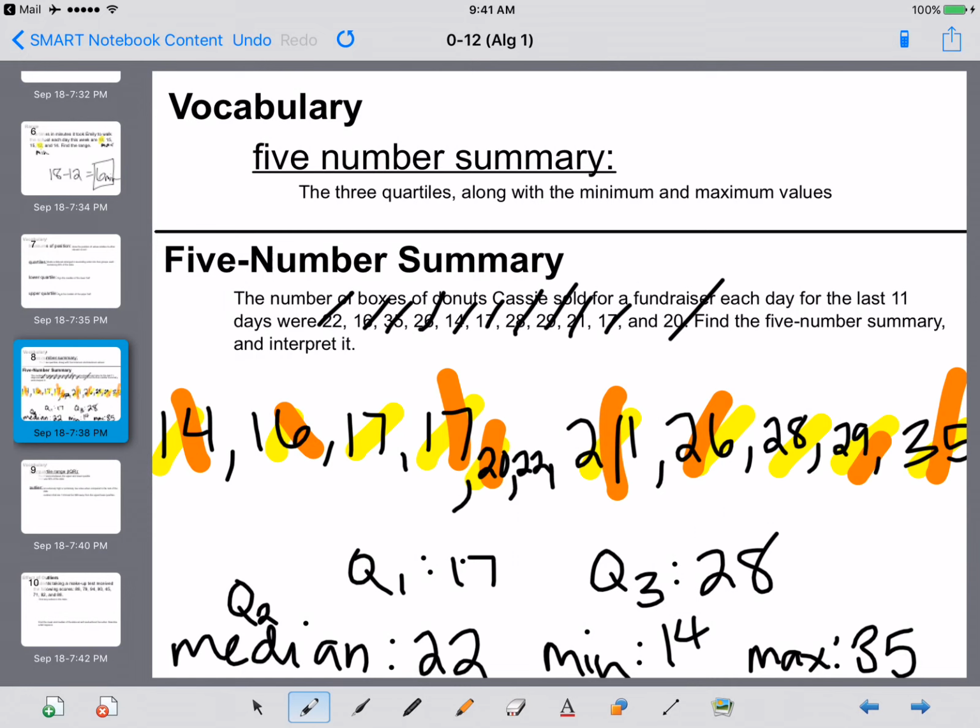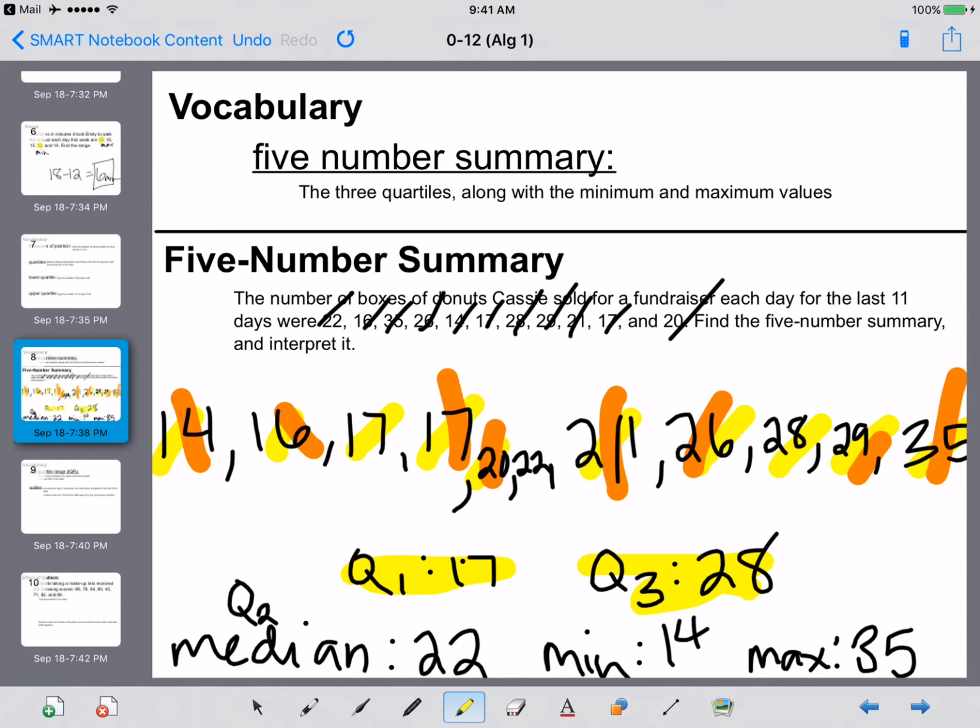So what this shows me, by interpreting our data here, is that 25% of the time, he sold less than 17 boxes, or more than 28.